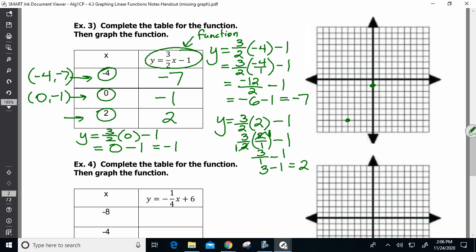Third row, 2 comma 2. Go right 2, go up 2. So there's your 3 points. Go ahead and draw your line. That's it. Problem's over.